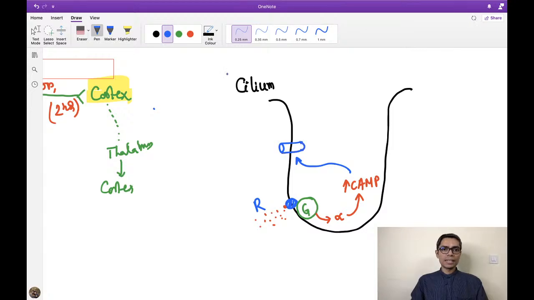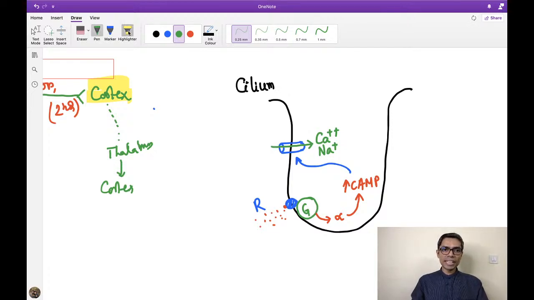This ion channel is a non-specific cation channel present on the cilia, through which calcium will enter, through which sodium will enter, and the channel is also permeable to potassium. Potassium will not enter, sorry, potassium will go out, but that amount of potassium going out is very, very less.